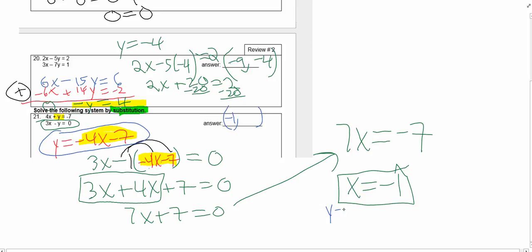So we know that y equals negative 4 times x, and x is negative 1. Take away 7. We have y equals negative times negative here is positive 4. 4 minus 7. And y equals negative 3. And we're going to put that in our solution and we'll be done.